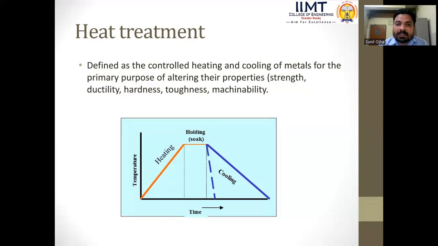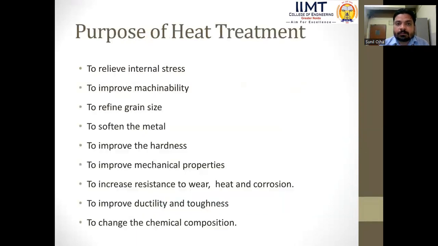Then we can change the properties of the material, like strength, ductility, hardness, toughness, and machinability. So by varying temperature and time through heating and cooling, we can change the properties of the material. This is the simple definition of the heat treatment process.